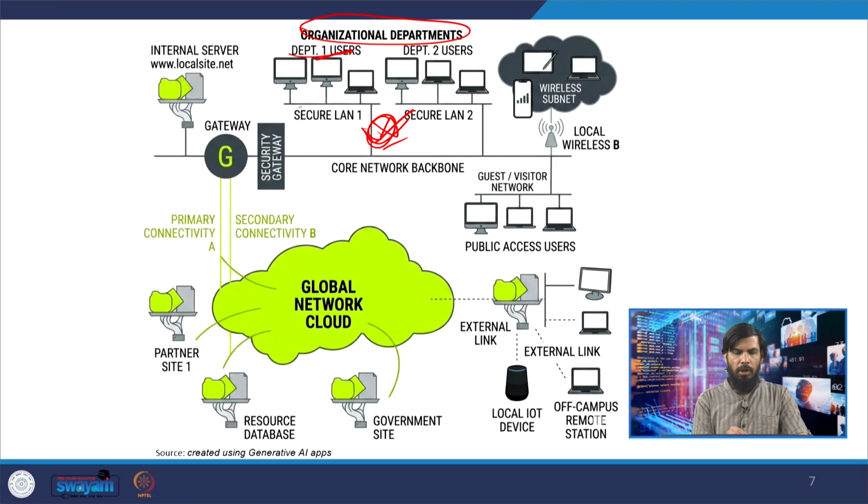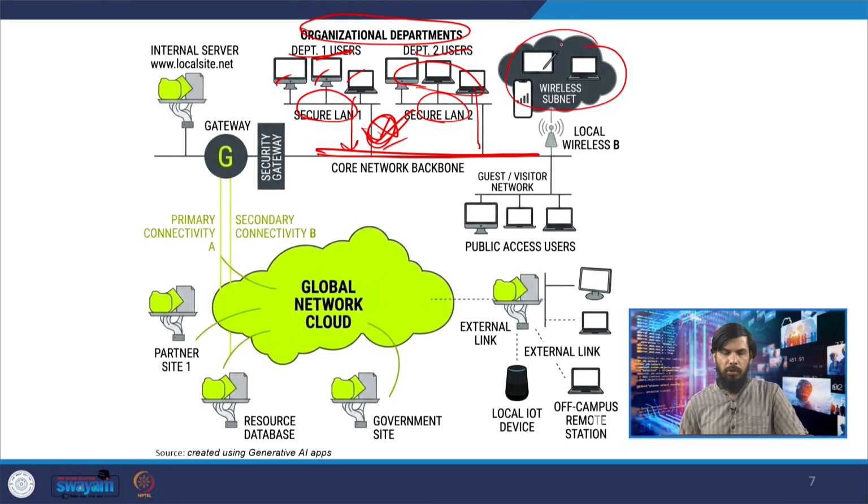Department 1 users will have a number of PCs connected to LANs, and department 2 will also have a number of PCs connected to LANs, and these LANs will be connected to the core network backbone. Then there would also be a wireless subnet in an organization, so the machines would be connecting to this wireless subnet, right. This wireless subnet is also connected to the core network backbone.